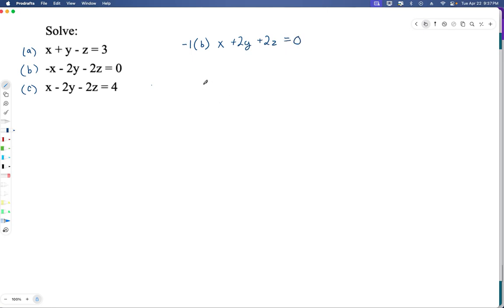And I'm going to take C exactly the way that it is: x minus 2y minus 2z is equal to 4. That allows me to cancel. I have 2x is equal to 4. x is equal to 2. So there's my first answer.